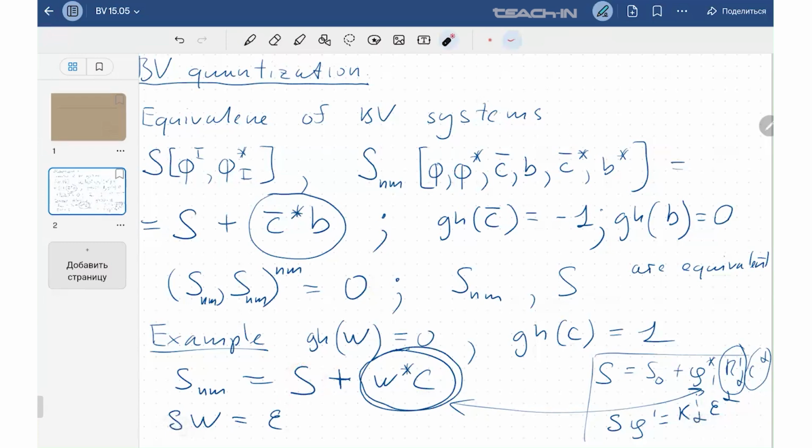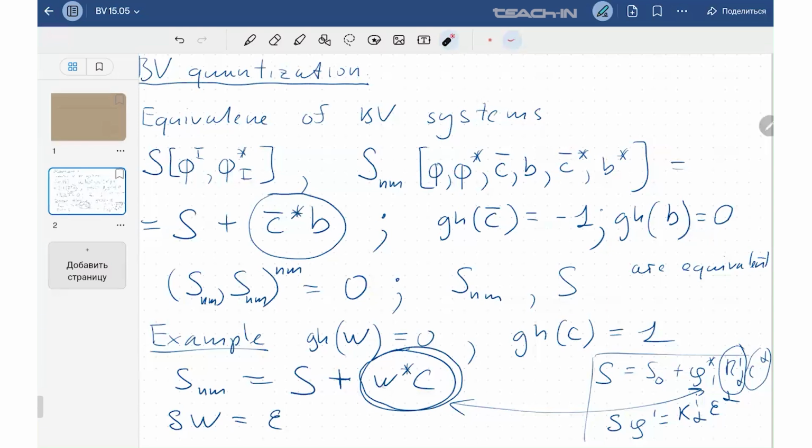But we just did a trivial extension. We added a new sector which doesn't see the initial S. And this is again kind of trivial variables which are not related to auxiliary fields in their standard meaning. They are pure gauge fields, right?